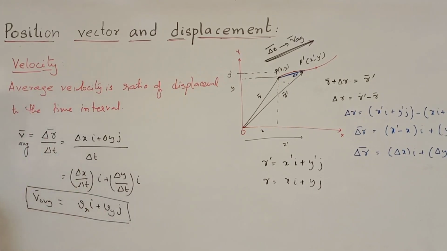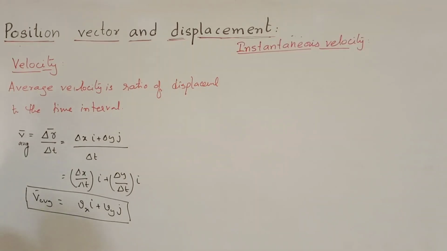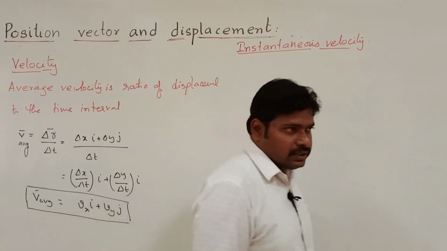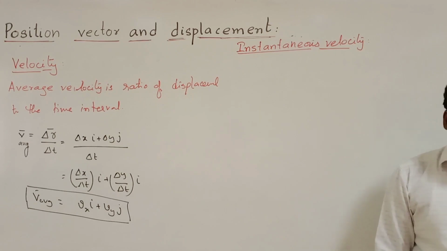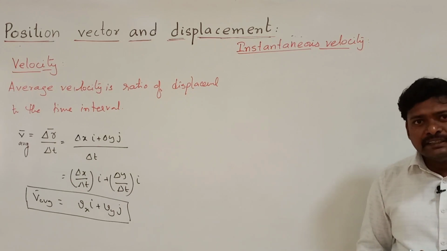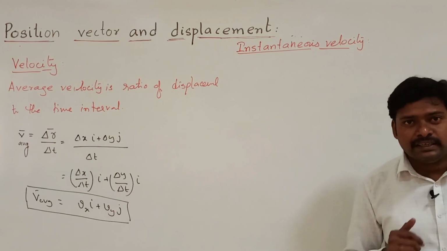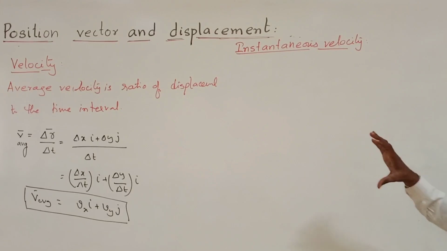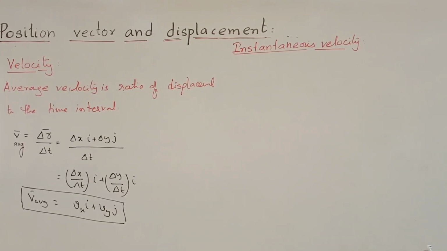Now instantaneous velocity. What is meant by instantaneous velocity? At a particular instant, the value of velocity is called instantaneous velocity. How to define it from the average velocity?